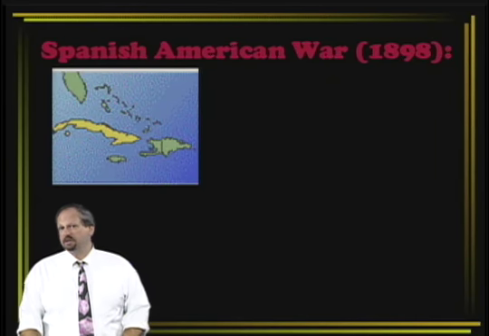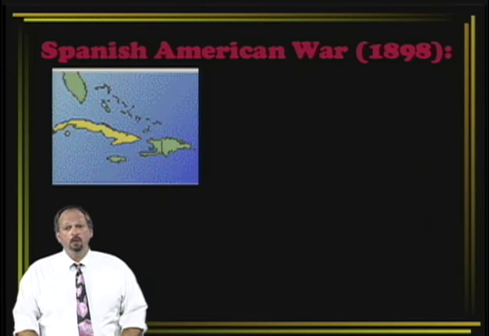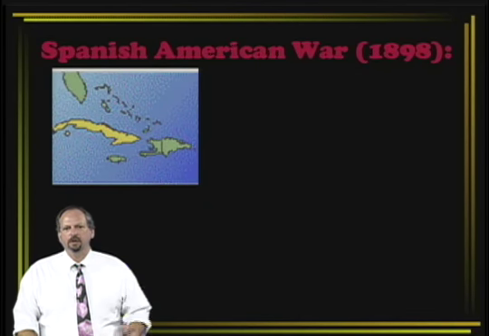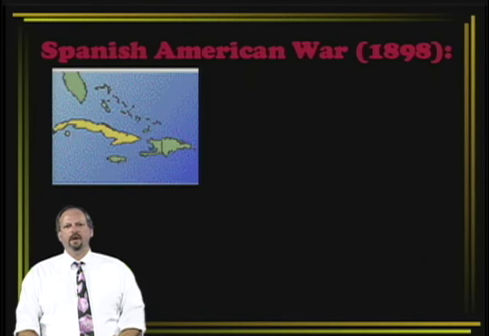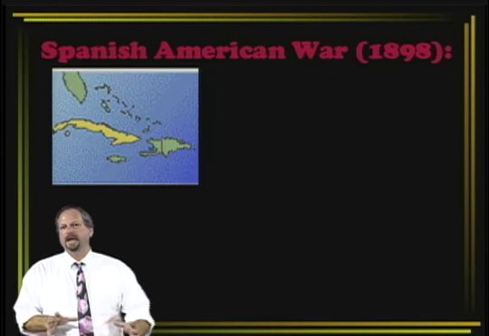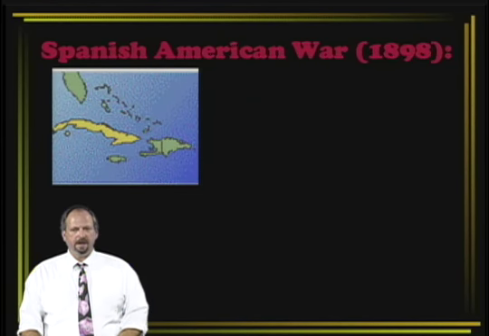Americans had invested in sugar plantations in Cuba, and Cuba was owned by Spain. Spain was getting a little bit harsh on these American plantation owners. In fact, they even took their land away from them and grabbed the people who were working on them and the pro-American agitators and put them into internment camps.